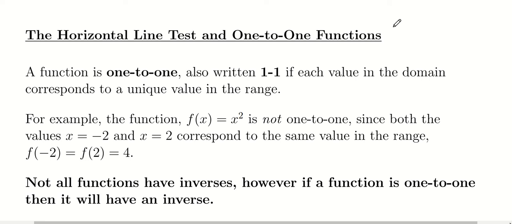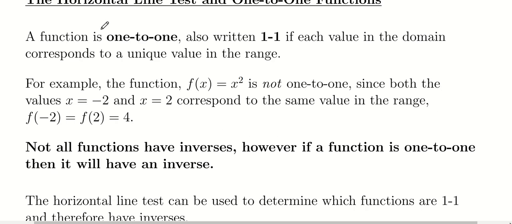Okay, to have an inverse is a very special property of a function, and it's those functions that are one-to-one that are the ones that have inverses. We say that a function is one-to-one, also written 1-1, if each value in the domain corresponds to a unique value in the range. Okay?